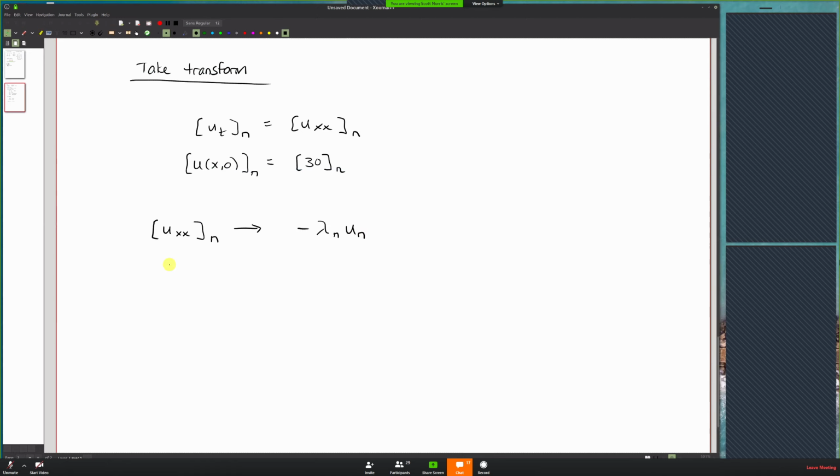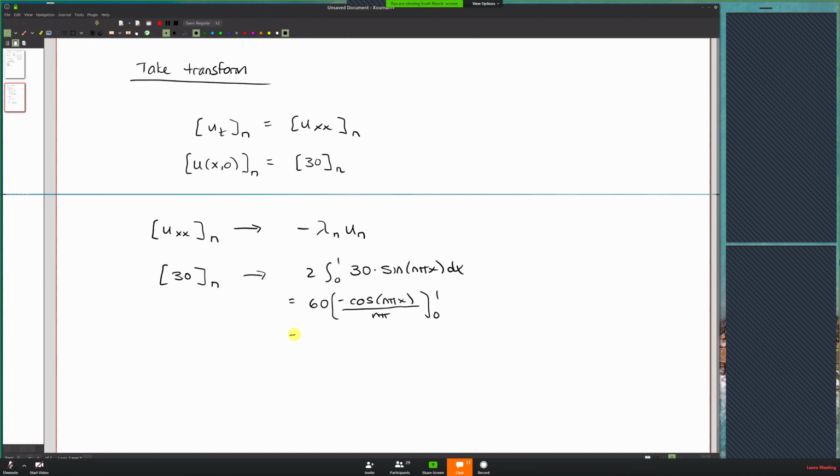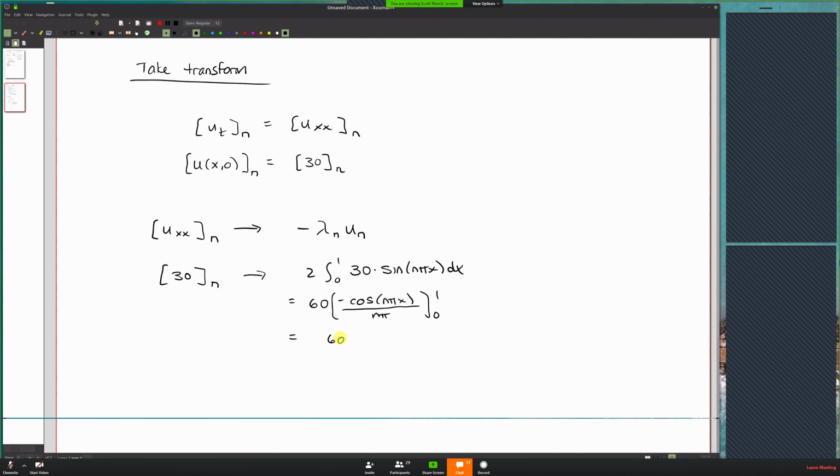And the transform of 30, we know how to do that. That's 2 times the integral from 0 to 1 of 30 times sine n pi x dx, which is 60 times negative cosine n pi x over n pi from 0 to 1, which is 60 over n pi times 1 minus cosine n pi.